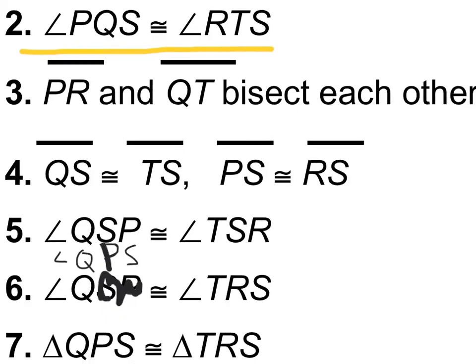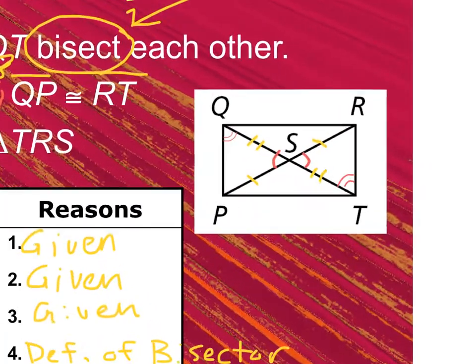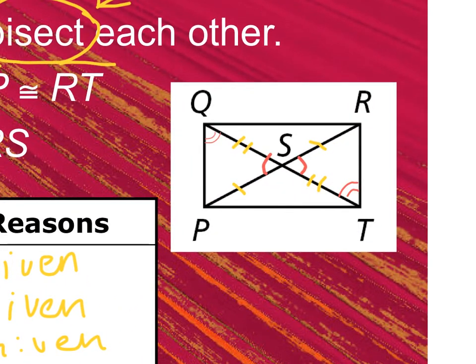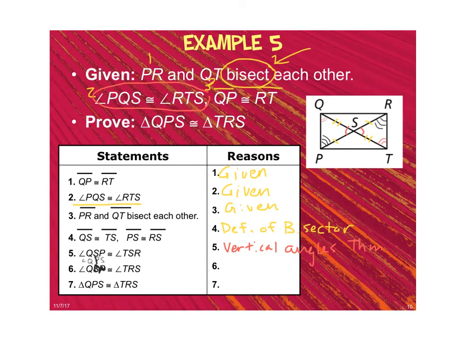And we learned this last section, that if we have 2 angles of a triangle that are congruent, so we have 1 is congruent to 1 and 2 is congruent to 2, then the third pair of angles also has to be congruent. So we know that QPS, this angle here, has to be congruent to this one. And the reason for that is our third angles theorem.